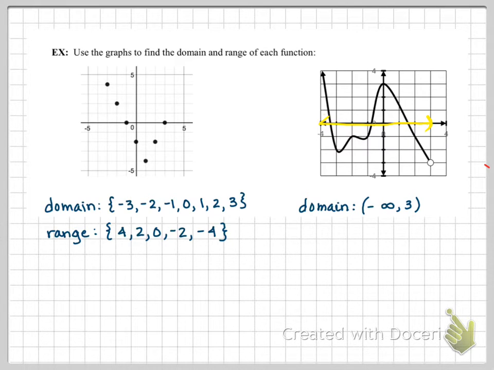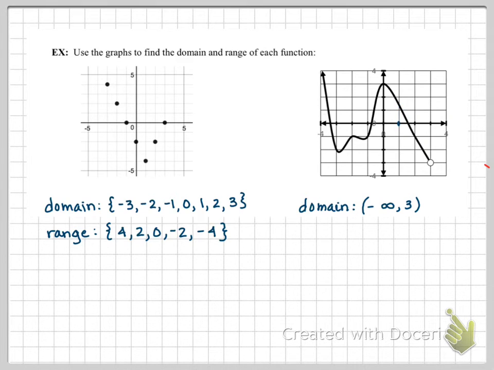So when I say the domain is negative infinity to 3, what that means is if you pick any number that's less than 3, you will be able to find a point on the graph that has that number as an x value. So like 1 is less than 3. So if I pick the number 1, which is right here, I'll be able to find some point on the graph that has an x value of 1. Doesn't matter what the y value is. If it's in the domain, it just means there's some point on the graph with that x value.